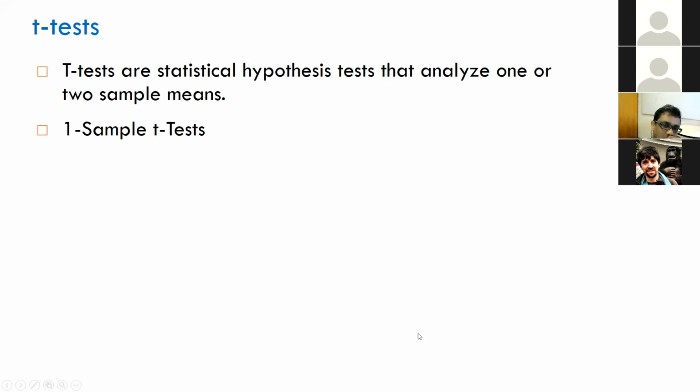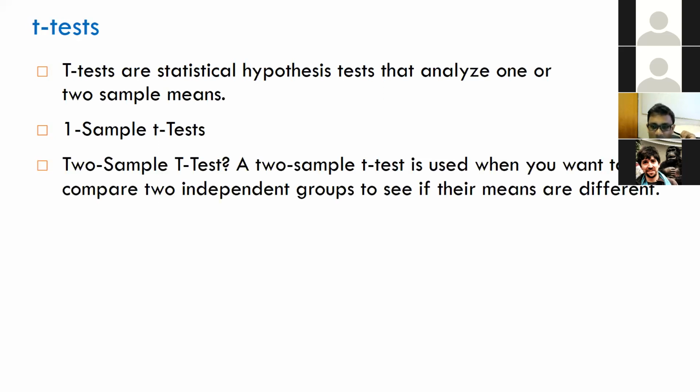If you have one sample, we use a one sample t-test. If you have two samples, we call it a two sample t-test. If you want to compare two different samples, use two sample t-tests. And there's another t-test. So there are three types of t-tests: one sample, two samples, and paired.